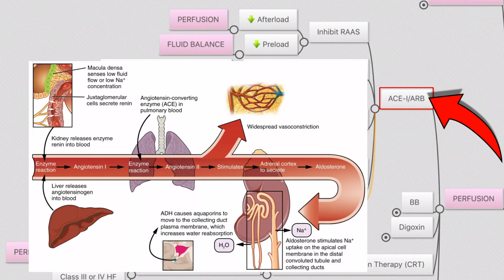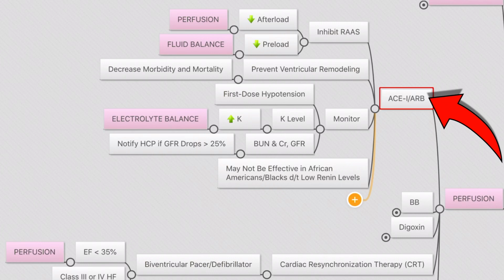So it also helps with fluid balance and not just perfusion. Remember, ACE inhibitors or ARBs help to prevent ventricular remodeling because you don't want the ventricles to change in size and become enlarged. And that's going to help to decrease morbidity and mortality.